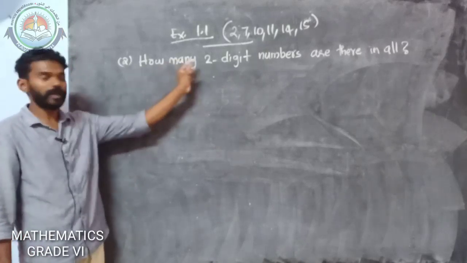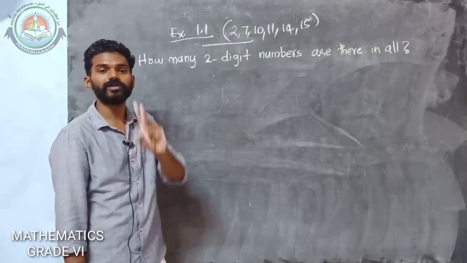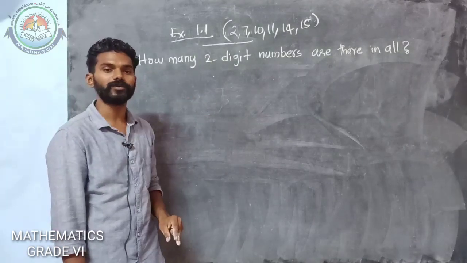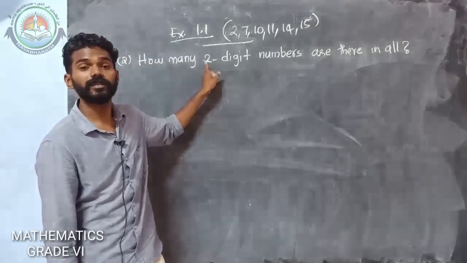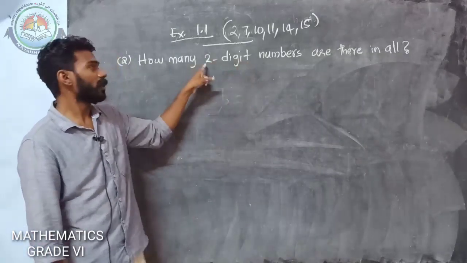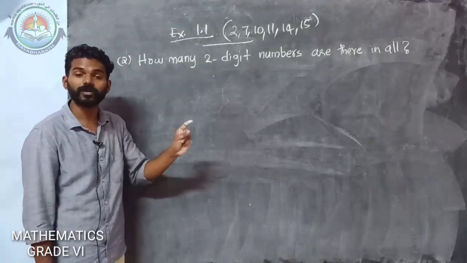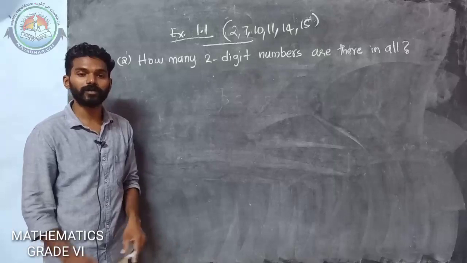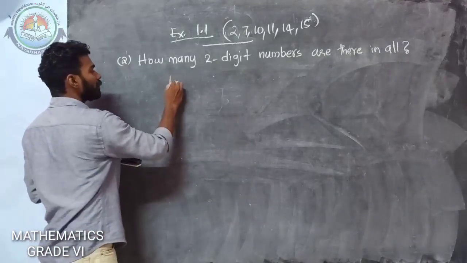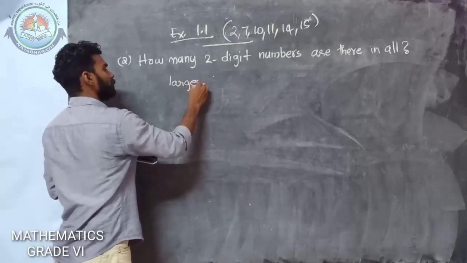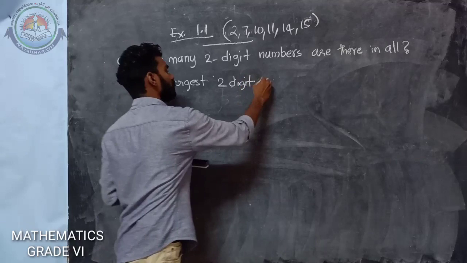So if a problem like this is asked, you should consider two values. First of all, the greatest two-digit number. You are asked to find the total number of two-digit numbers. So first of all, you should find the greatest or largest two-digit number.